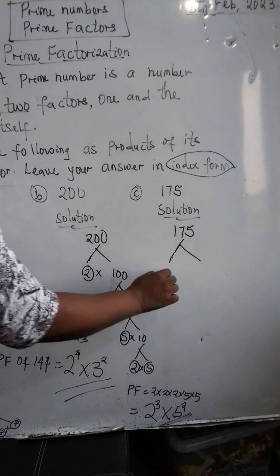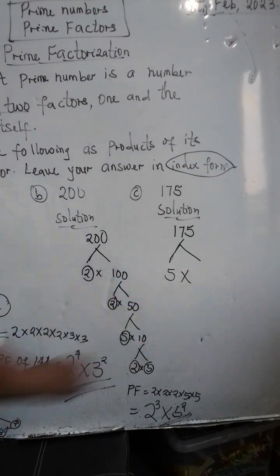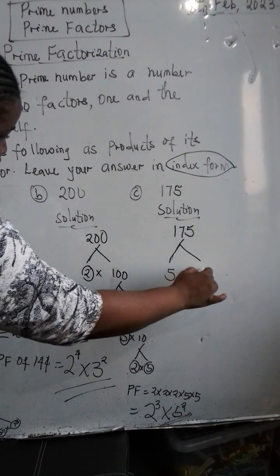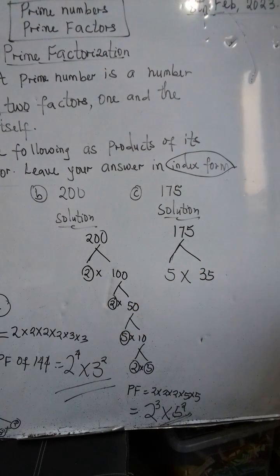Yes. 5 times 35. Okay, so this is times 35. So it means 35 times 5 is what? 35 times 5 is what? 175. Is it not true? 35 times 5 is 175.